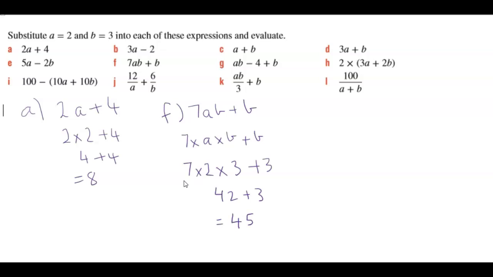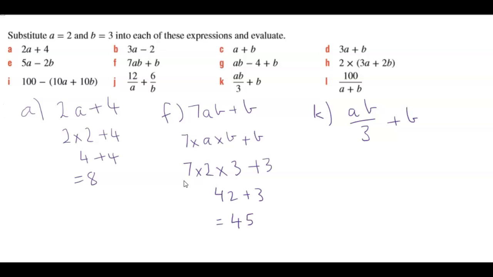All right, let's do one of the division ones now. Now I'm looking here at question I. It's a bit tricky, but I don't think things are as complicated as you might think. Okay, let's do K. Okay, so we've got ab divided by 3 plus b.